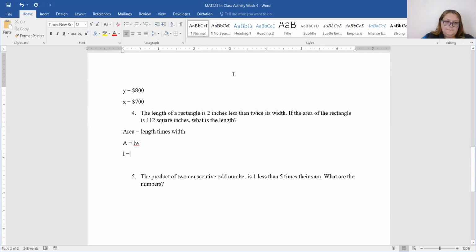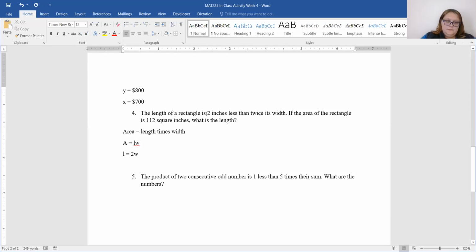Are we going to multiply 2 times what? 2 times 2? Why? Because it's twice its width. Twice the width. Okay, how do we write twice the width? 2 times W, 2W. Okay, and what's the rest of that sentence telling us?